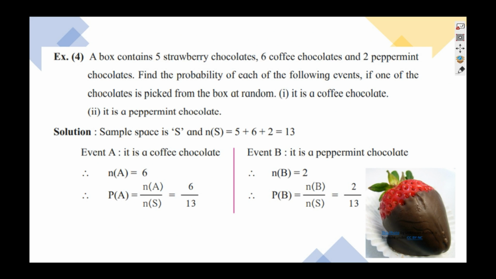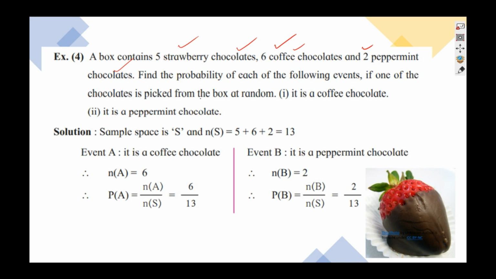Here is another situation. A box contains 5 strawberry chocolates, 6 coffee chocolates and 2 peppermint chocolates. Find the probability of each of the following events.